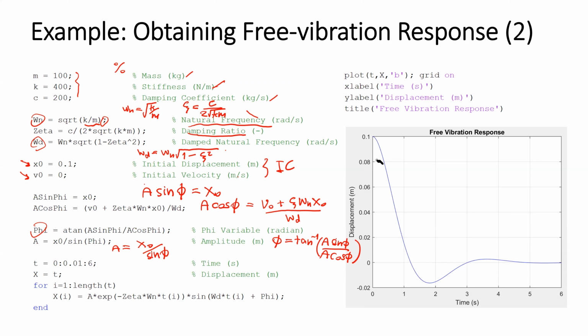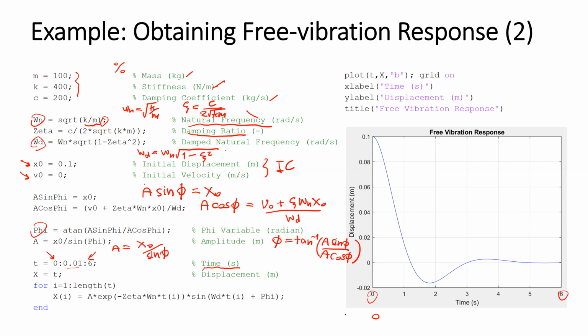So I define a time variable, and time will start from 0 to 6 seconds. And it will change the value every 0.01 second.